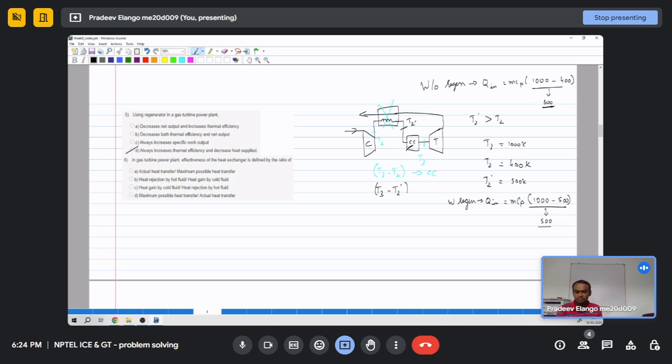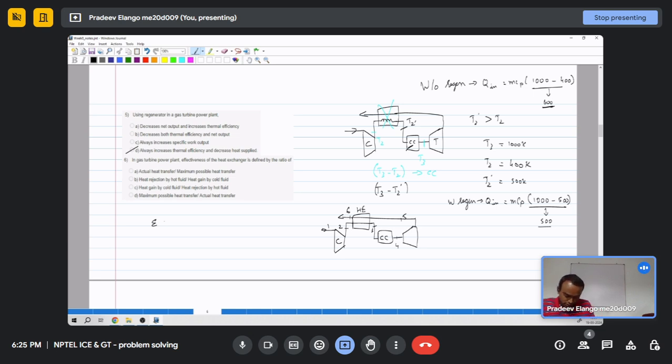So this is a general heat exchanger definition. This is the heat exchanger that we are using.